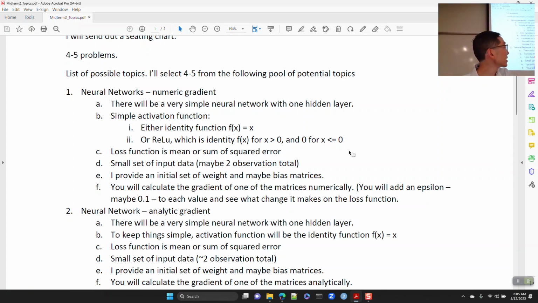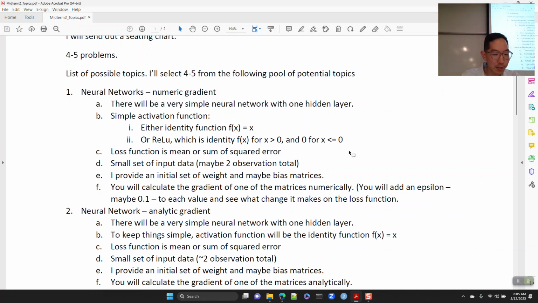It'll either be the identity function, so it's just x, or the ReLU, which is the identity for positive values of x, and it's 0 for negative values of x. Or I mean less than or equal to 0. So no plugging into sigmoid or anything like that. Just either leave it as is, or maybe turn it into 0. Okay.